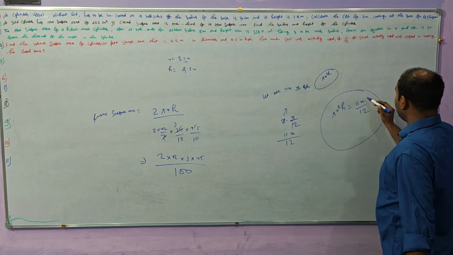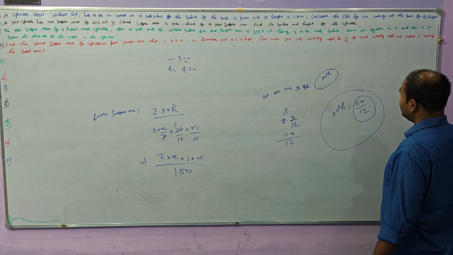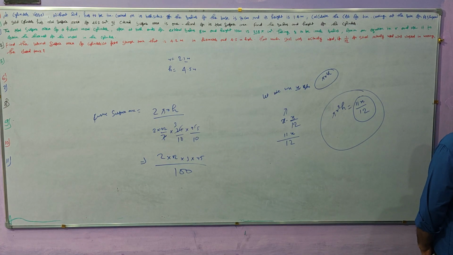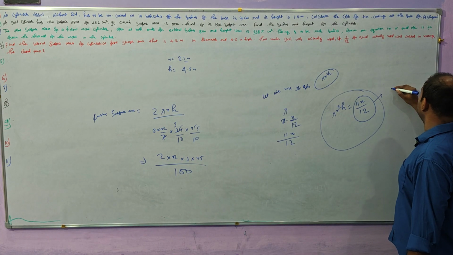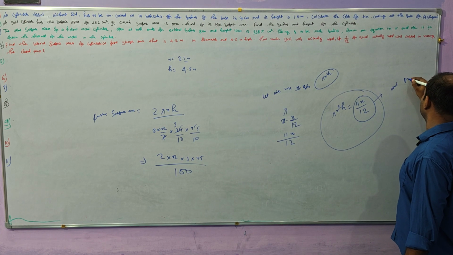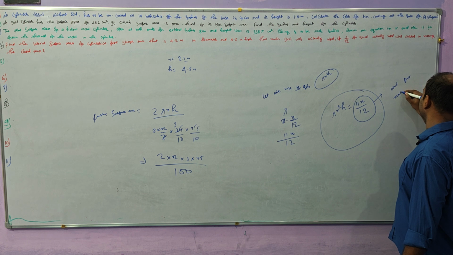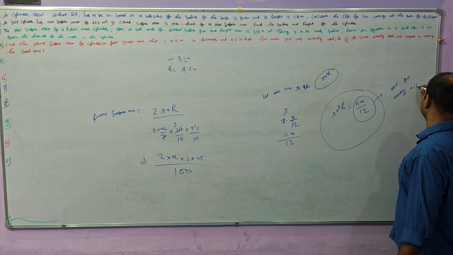So we have x minus x upon 12, that is 11x upon 12, steel used for making the closed tank.